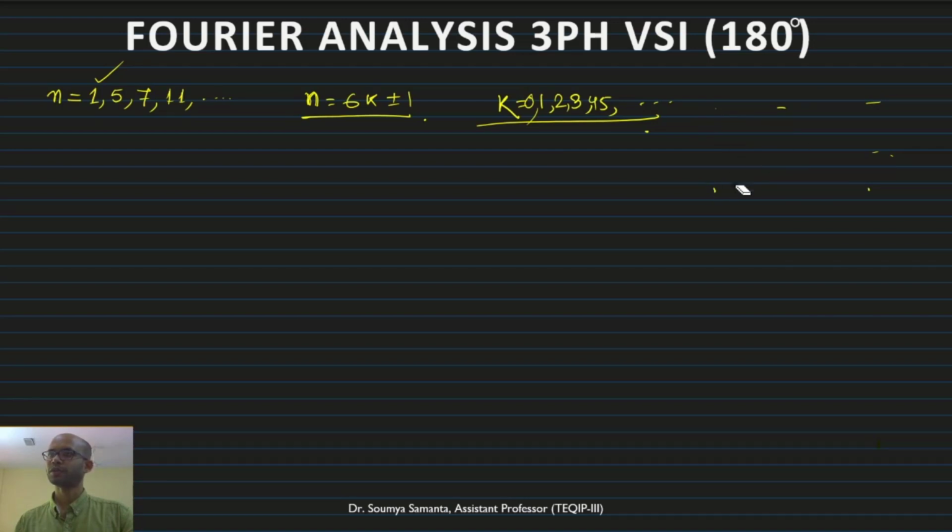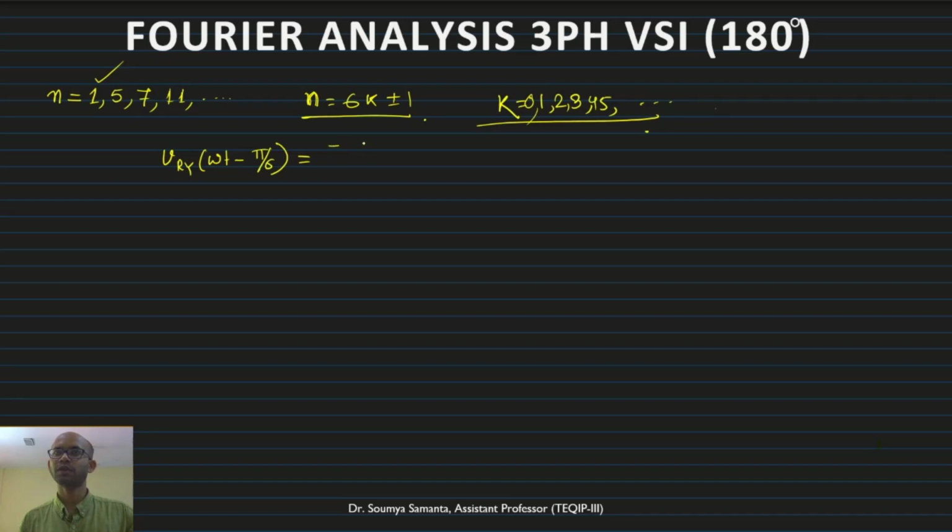So this is the expression. What can we write here? That is VRY of omega t minus pi by 6.